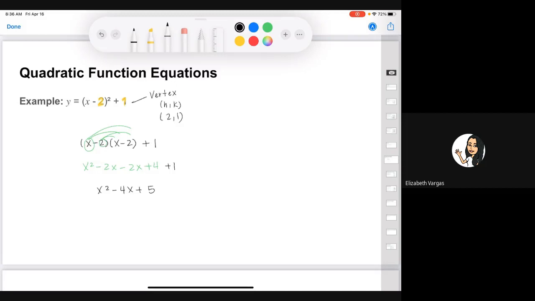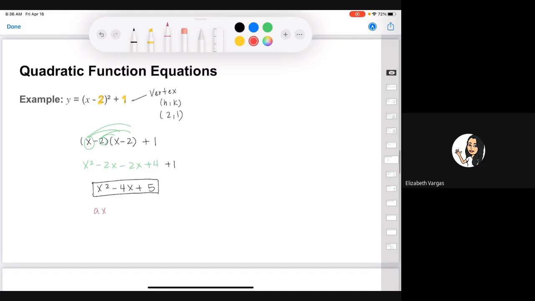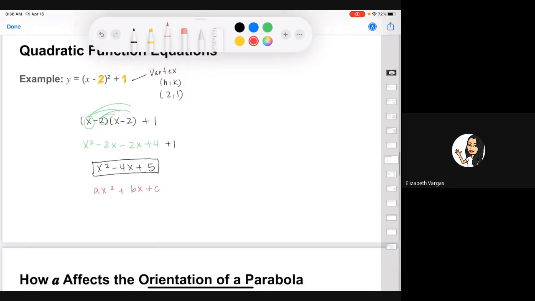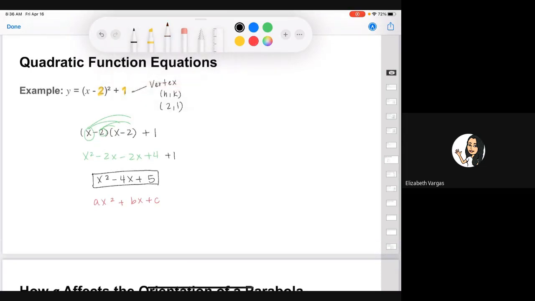And so now we have our equation in our standard quadratic form. Just a reminder, standard quadratic form is ax squared plus bx plus c. Okay. Any questions on how I went from vertex form to standard quadratic form? Any questions about how I found my vertex? No? Okay.